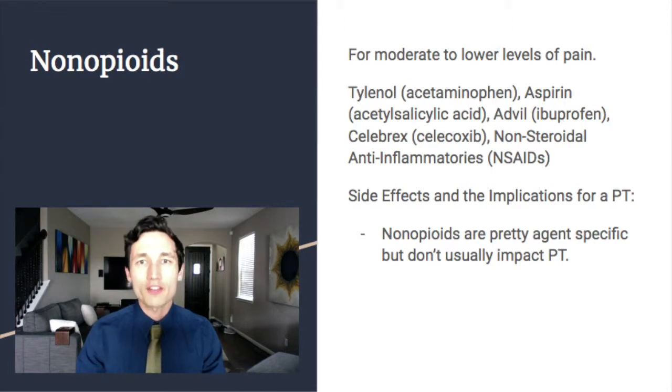In general, non-steroidal anti-inflammatories, aka NSAIDs, and actually aspirin, Advil, Celebrex, those are actually NSAIDs. Tylenol doesn't actually do anything for inflammation. It mainly focuses on reducing levels of pain, sometimes headache, sometimes fever.